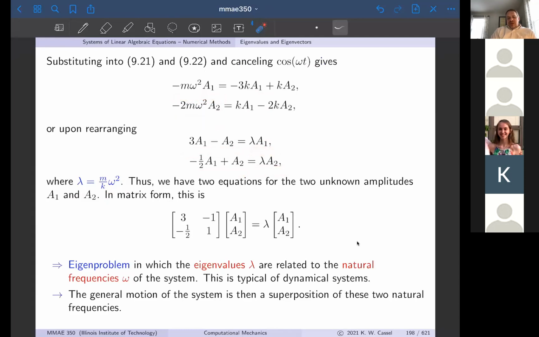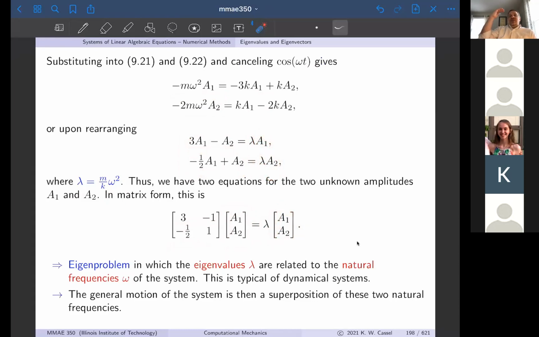So in matrix form, I have a 2 by 2 coefficient matrix, [3, -1; -1/2, 1], times a1, a2, those are the amplitudes, equal to lambda times a1, a2.